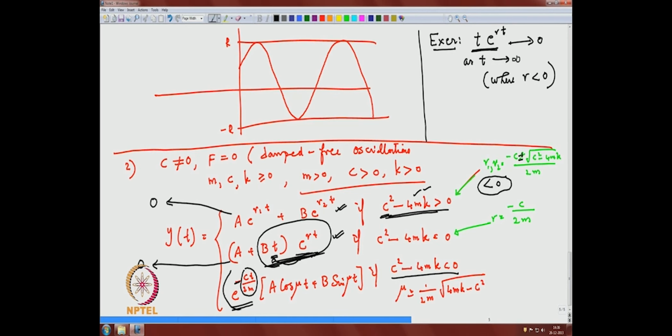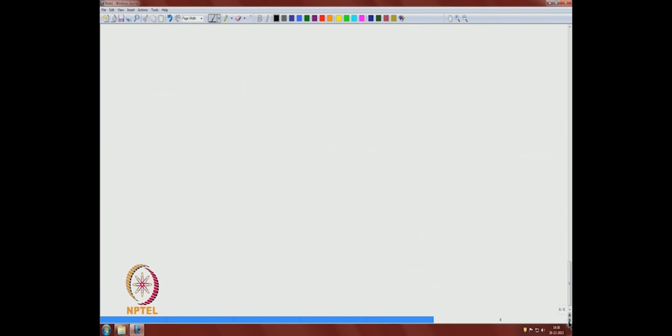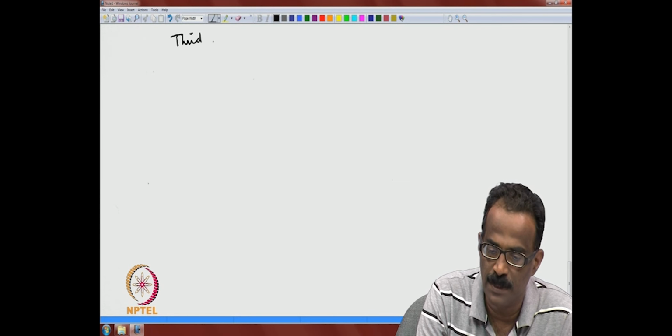So, this exponential term is still there, but the difference when your damping is reduced further and further, you will have a term of this form which will have an oscillation. This will behave like an oscillation, but then this will kill. So, the oscillations will die out, and we can write that third case, third situation.